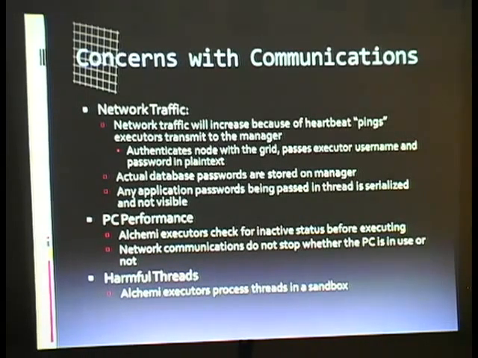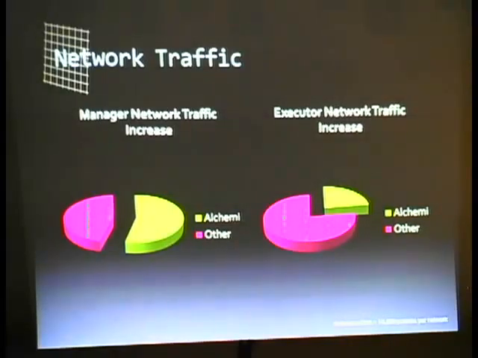So here are a couple of little pie charts about network traffic increase. The individual traffic for the manager increases a lot, because it is getting information from all these different nodes, as opposed to the executors. You only gain about 25% more traffic, which now is really not that big of a deal.